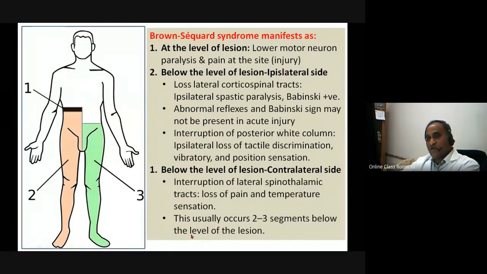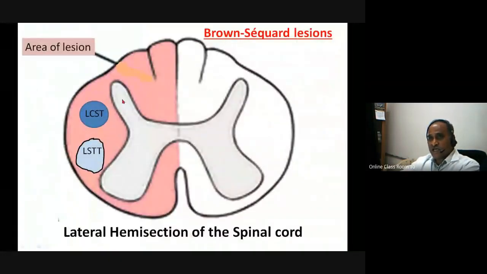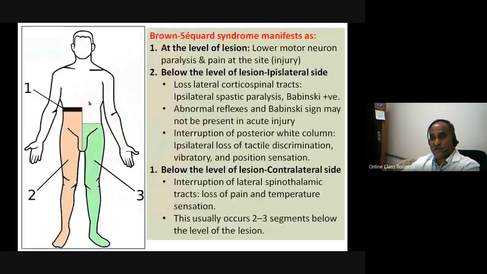Now, I go back here. So this is lost. This is what I mentioned. This is sensation here, and this is cut. This is coming from the same side. This is cut. That is why you have the ipsilateral findings. On the contralateral side, there is an interruption of the lateral spinothalamic tract.